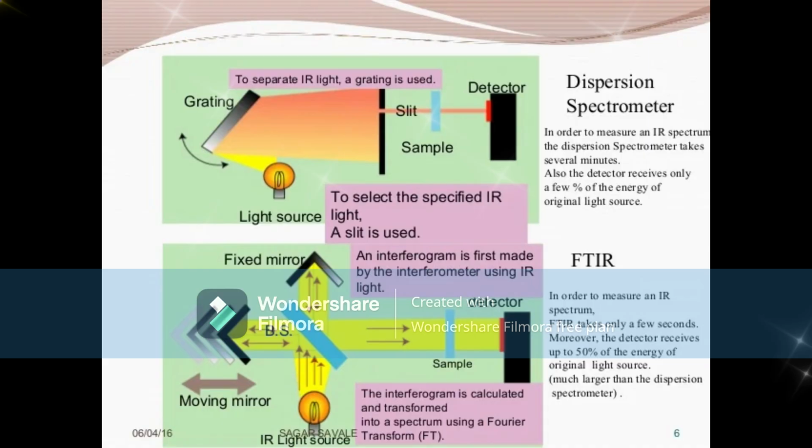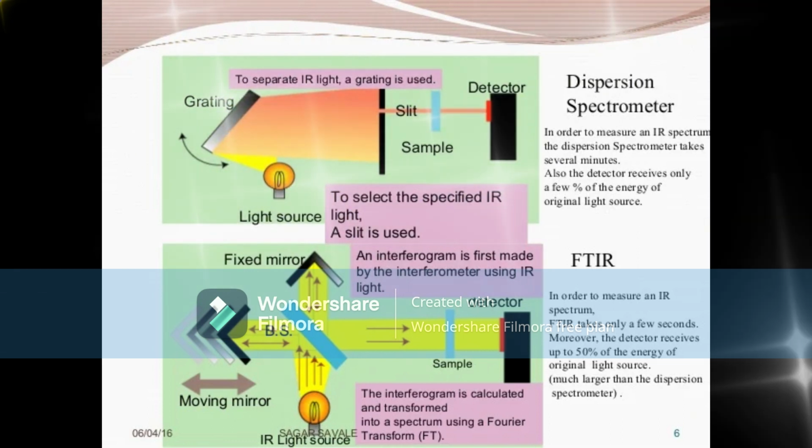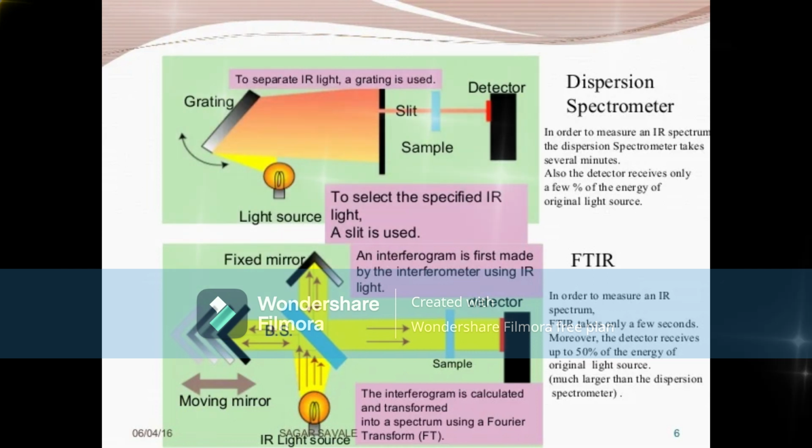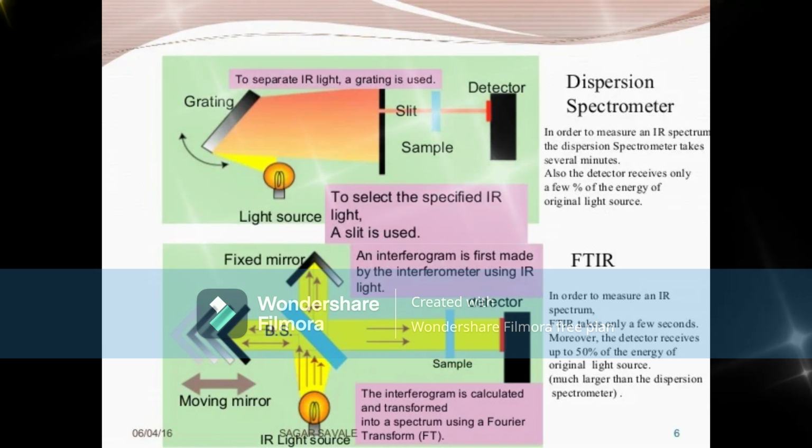Superiority of FTIR. Dispersive infrared spectrometers suffer from several disadvantages: insensitivity, speed and wavelength accuracy. Most of the light from the source does not in fact pass through the sample to the detector, but is lost in the narrowness of the focusing slits.